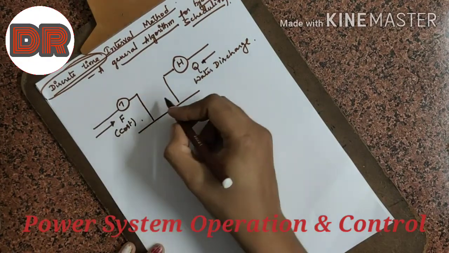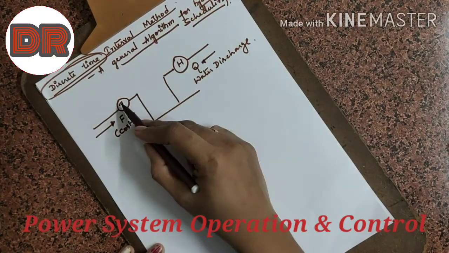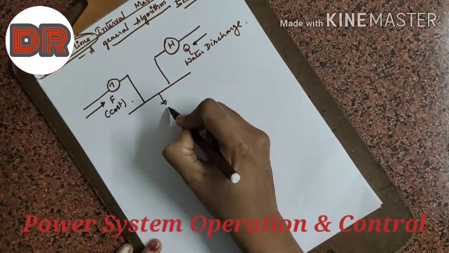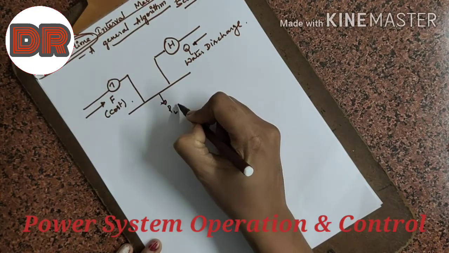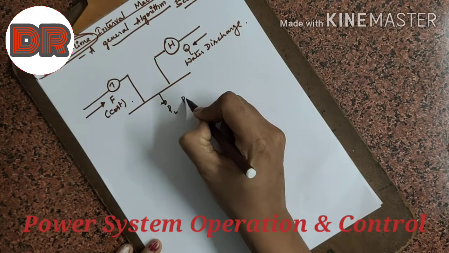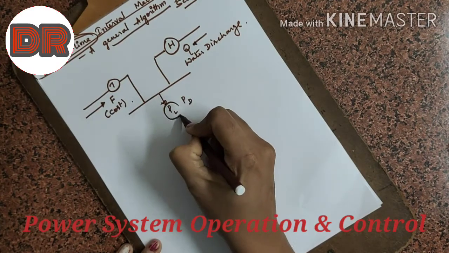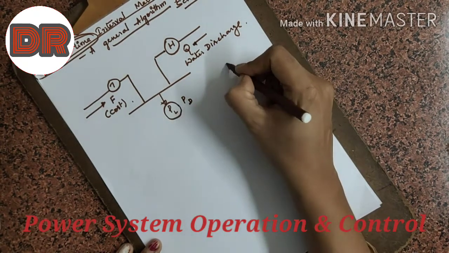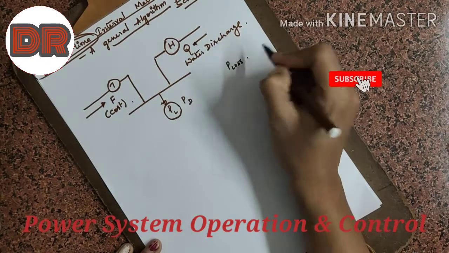Both the plants have to supply the demand, which is PL, or you can also write PD. Remember students, this is not power loss, PL is nothing but load. Loss is given by P loss in the algorithm.